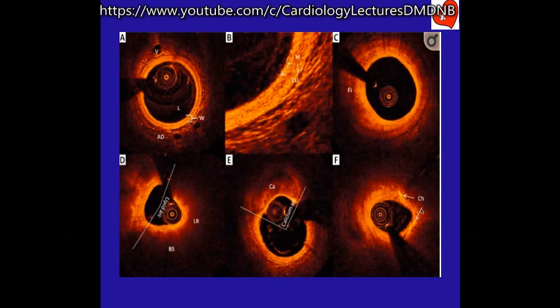Okay. What does the normal one show? First one is normal. A is normal. A and B. B is only a magnified version of A. So what does it show? So intima, media, bright is intima, and adventitia. Okay.